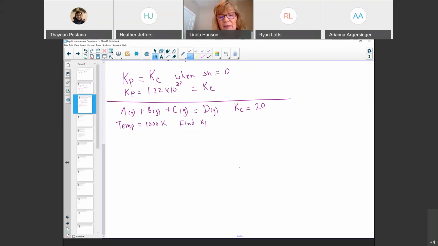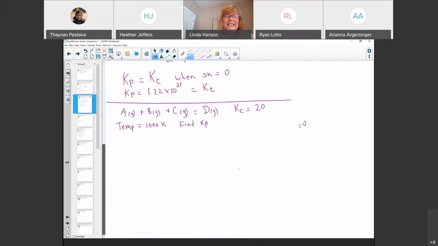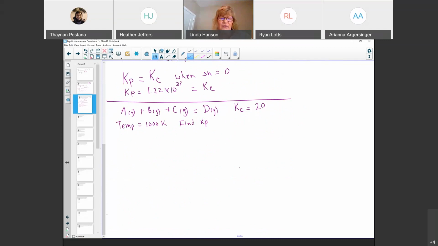So very similar to the problem above. I just made up a problem instead now where we have a different number of gaseous moles of reactants compared to products. So my Kp will be found by taking Kc and then going RT delta N. That's our formula.